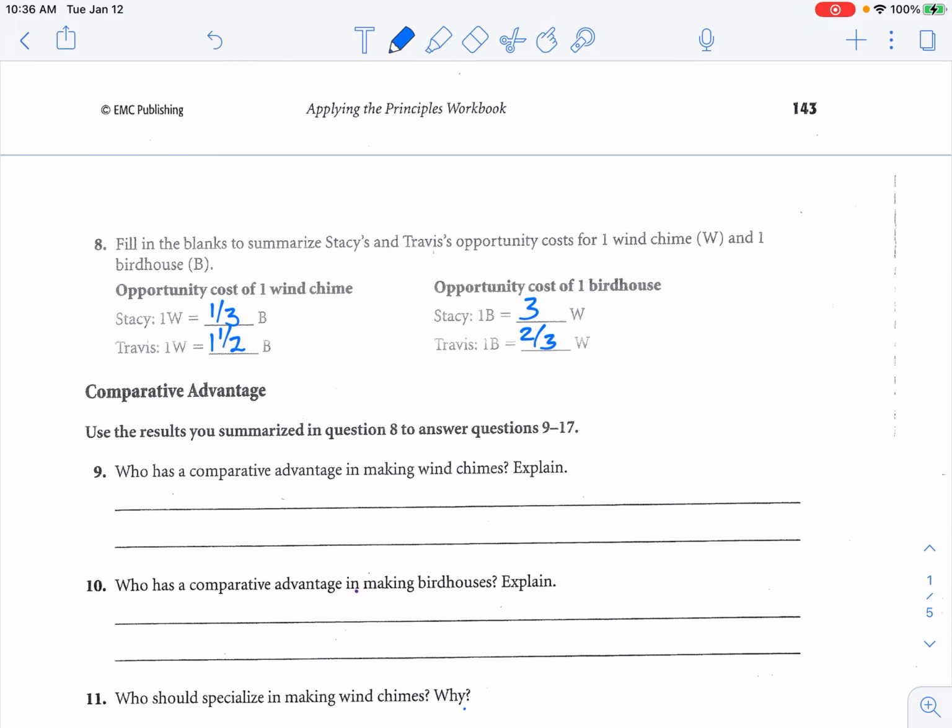So now looking at this chart, we should be able to determine who has the comparative advantage in making wind chimes. In other words, it's saying who is giving up the least when they make a wind chime. So if we focus over here and we look at our two responses, Stacy is the least costly because she only sacrifices the opportunity to make 1/3 of a birdhouse, whereas when Travis makes a wind chime, it's way more costly because you're giving up the opportunity to make 1.5 birdhouses in that time it takes to make the wind chime.